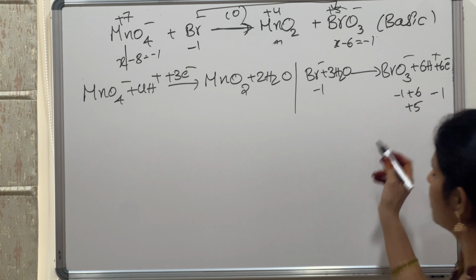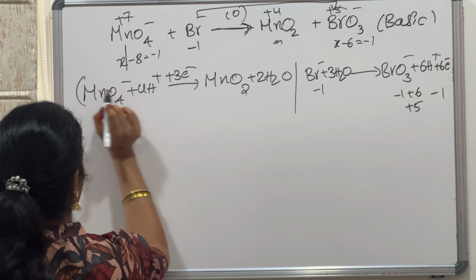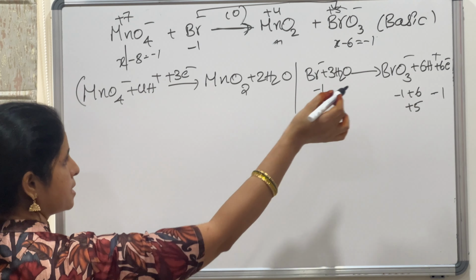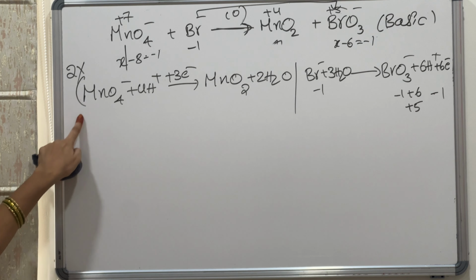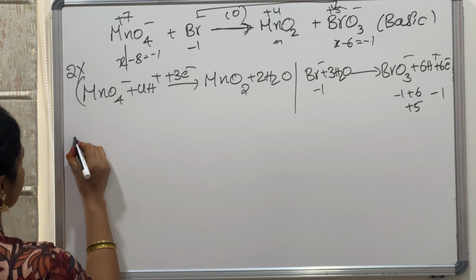Now add these two equations so that the electrons get cancelled. There are 6 electrons on that side, so you multiply this entire equation with 2. What will it be?